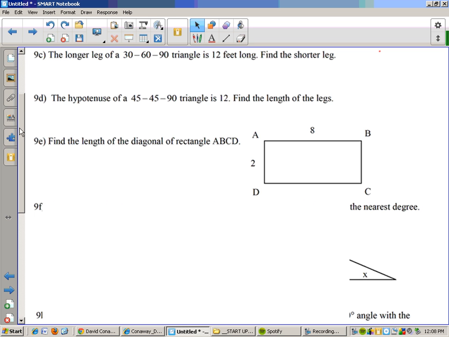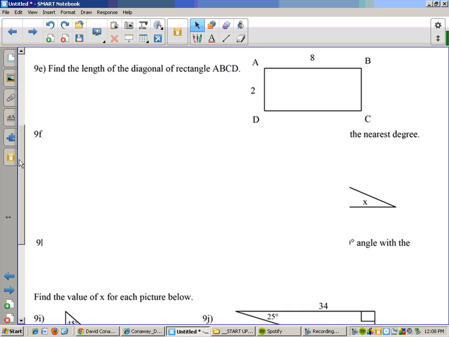Okay, find the length of the diagonal of the rectangle ABCD. There's our diagonal. What do we know about rectangles? Okay, opposite sides are equal.